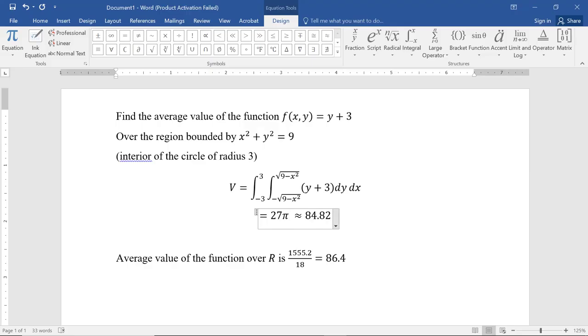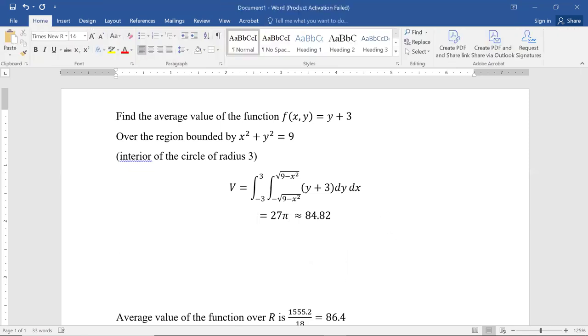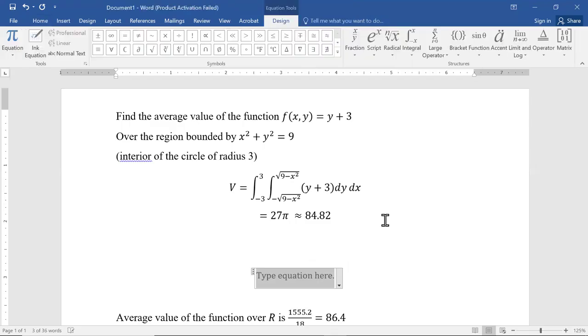So if you actually calculated what it was, 27 pi. 27 pi gave me that 84.823, blah, blah, blah. So that was the precise value. By the way, this is a circle of radius 3.